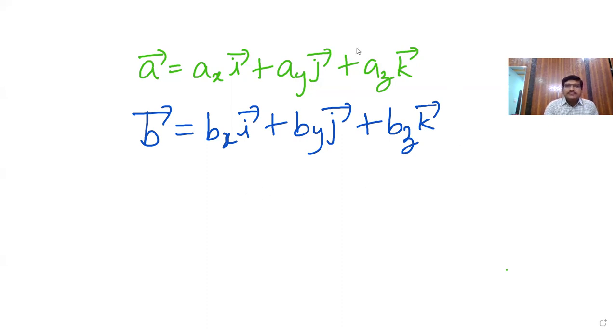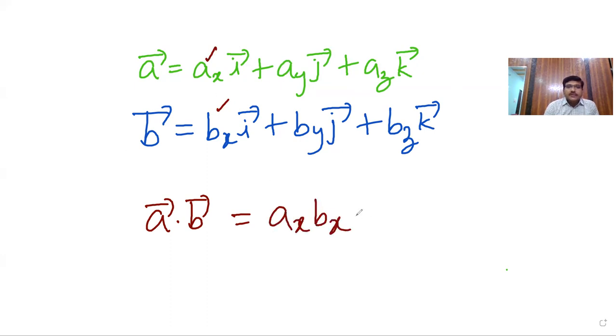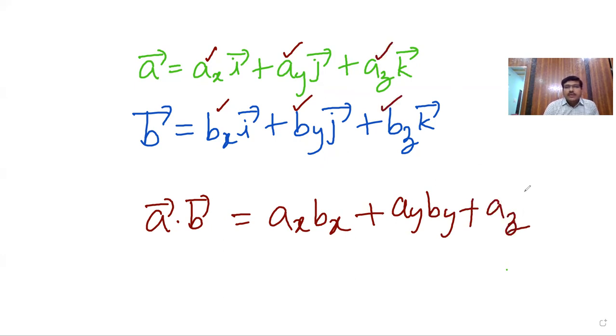In such a case, the dot product a bar dot b bar is simply the multiplication of these two: ax into bx, because i bar dot i bar is 1, plus ay into by, plus az into bz, since j bar dot j bar is 1 and k bar dot k bar is 1.